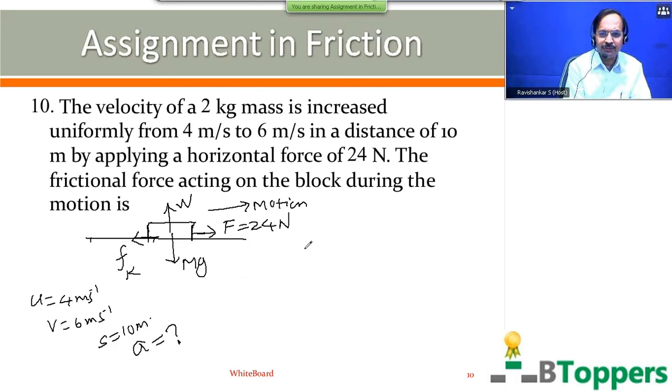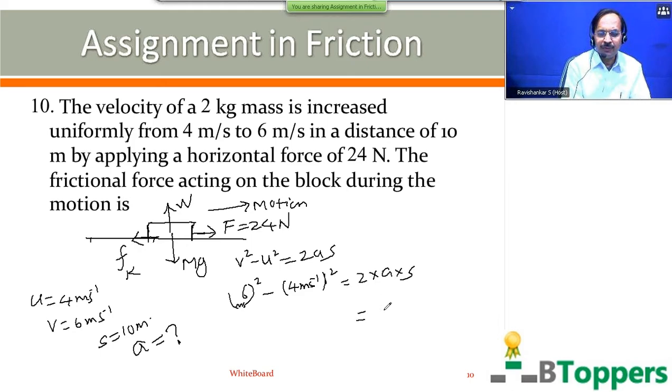So we use one of the equations of one-dimensional motion with constant acceleration, that is v square minus u square equal to 2as, to find the magnitude of acceleration. Substitute v equal to 6 meters per second, u equal to 4 meters per second, and s equal to 10 meters, and you can find the magnitude of the acceleration.